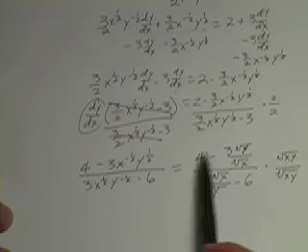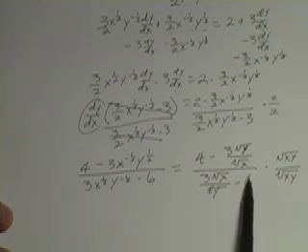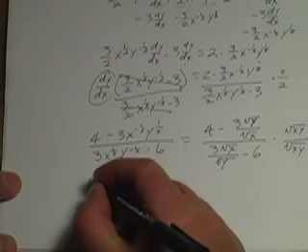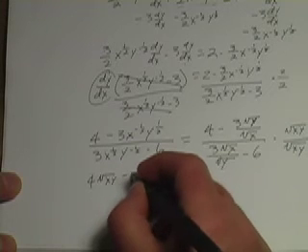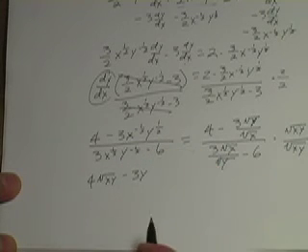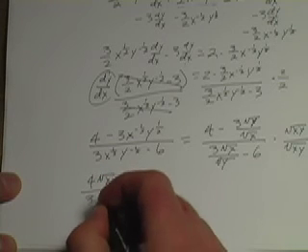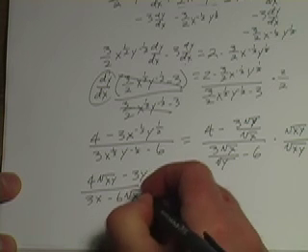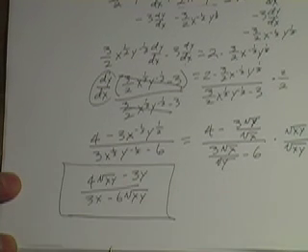But of course, you have to multiply the square root of xy by the 4 and by the negative 6. So when I do that, I get 4 square root of xy minus 3y over 3x minus 6 square root of xy. And that is my answer.